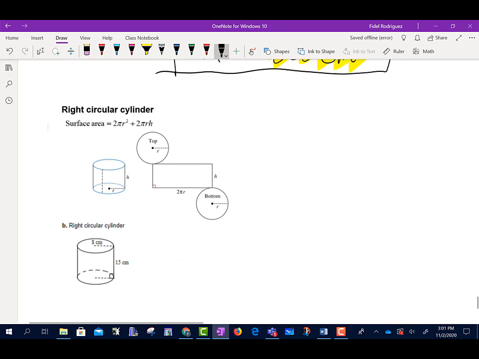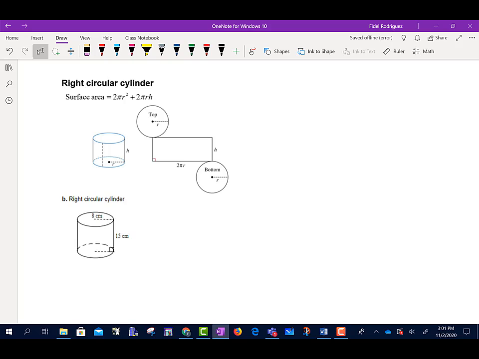All right. So for the right circular cylinder, the surface area is given to us by this formula right here. It is 2 pi r squared plus 2 pi r h. I want to walk you through that formula so we can understand how they got there.